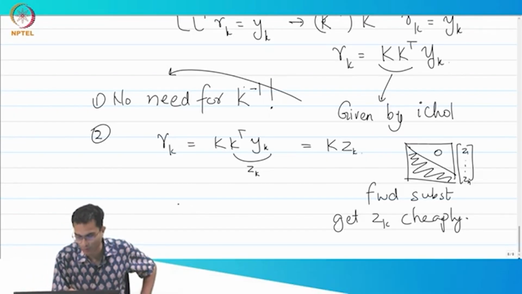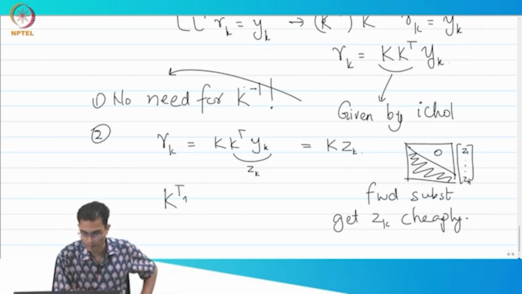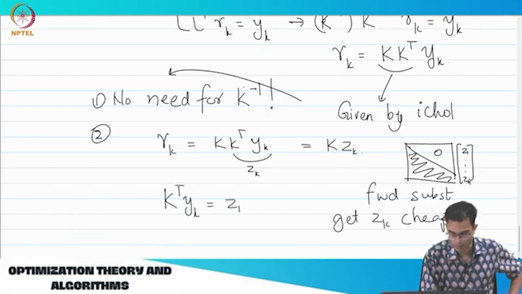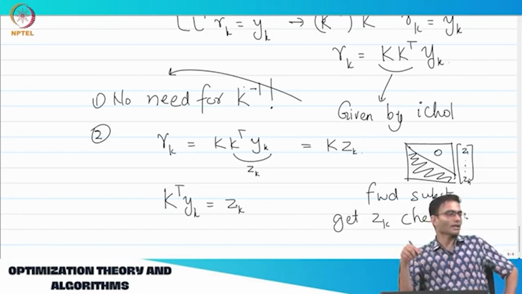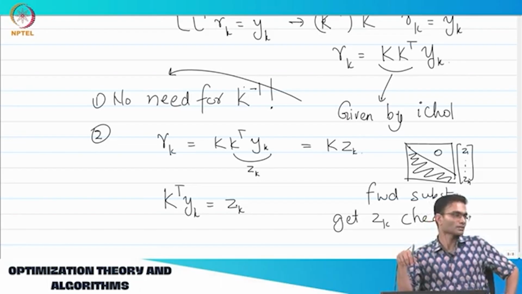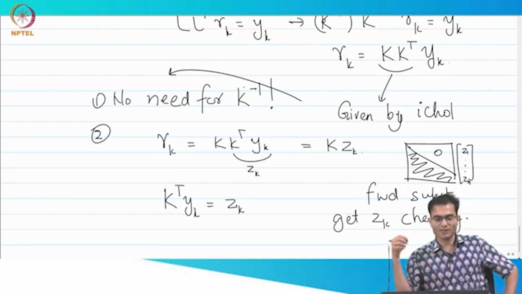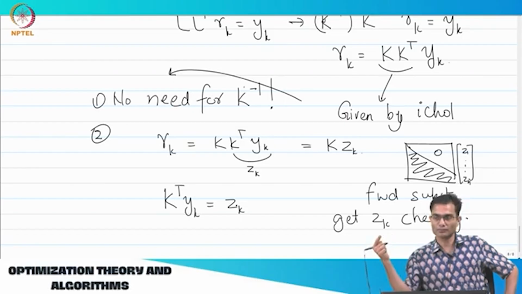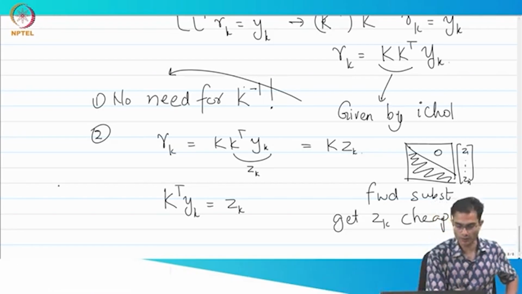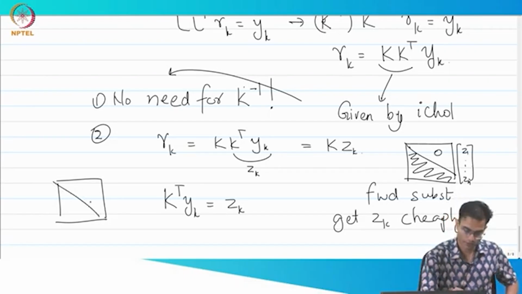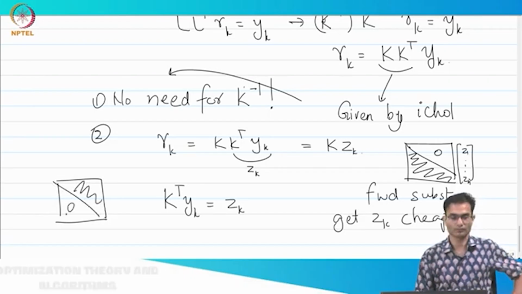Having gotten Zk, how do I get back Yk? This will not be order n squared also, because it's sparse. It may be like n log n or something. K transpose Yk equal to Zk. I know Zk from forward substitution. Can I get Yk cheaply? What is the structure of K transpose? Upper triangular, right? So it's like this, and this is 0.